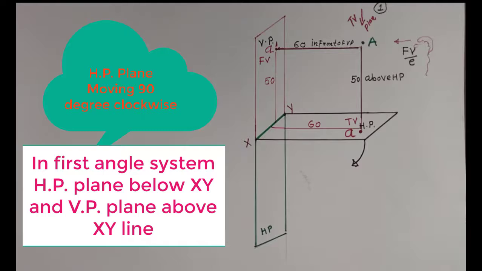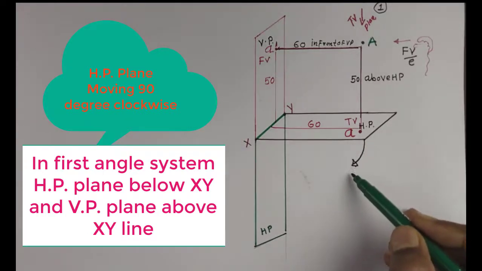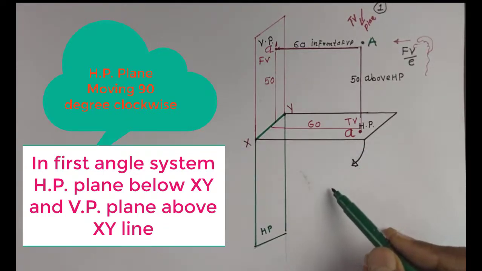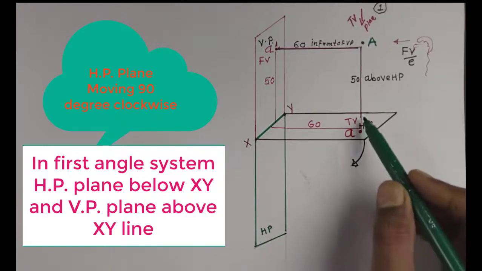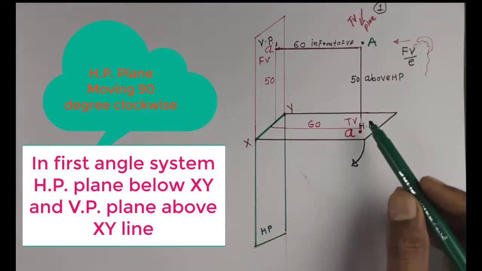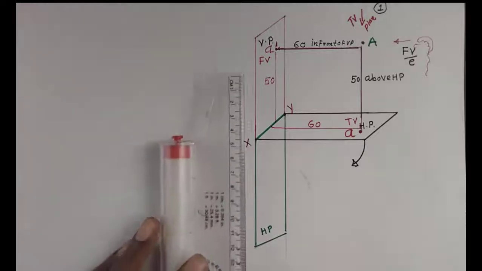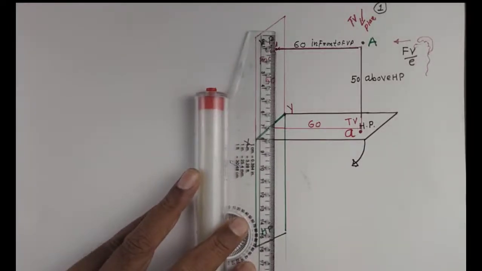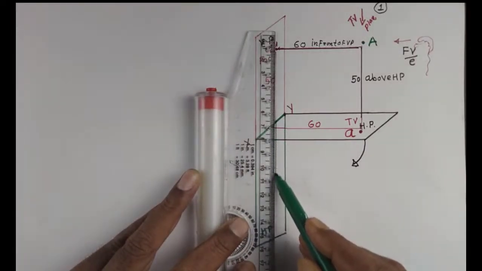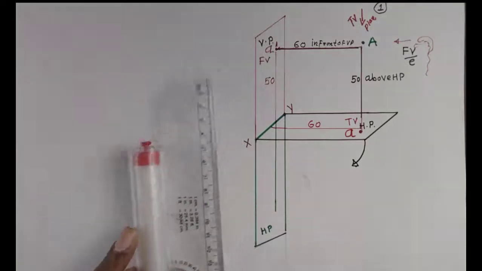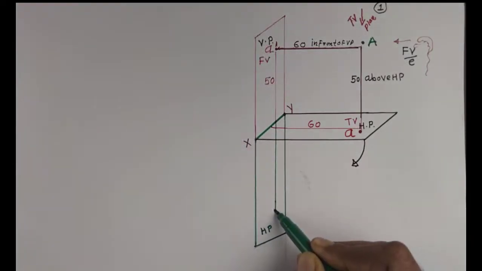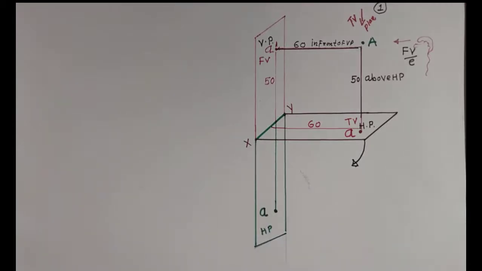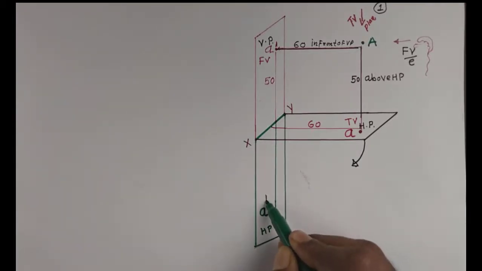With the HP plane, our top view of the point A also goes downward, below the XY line, as the plan point A. This is our top view.